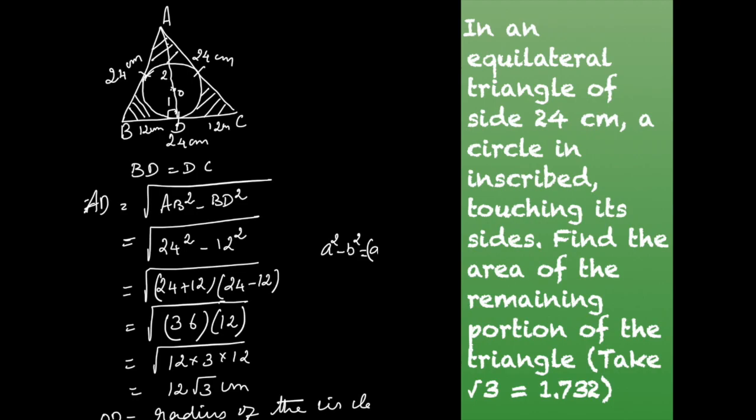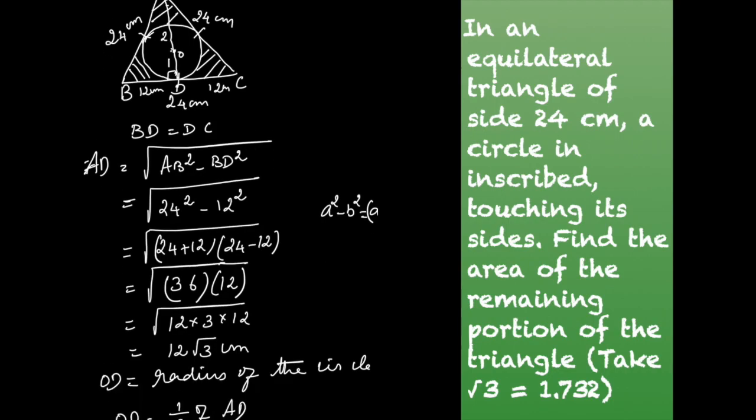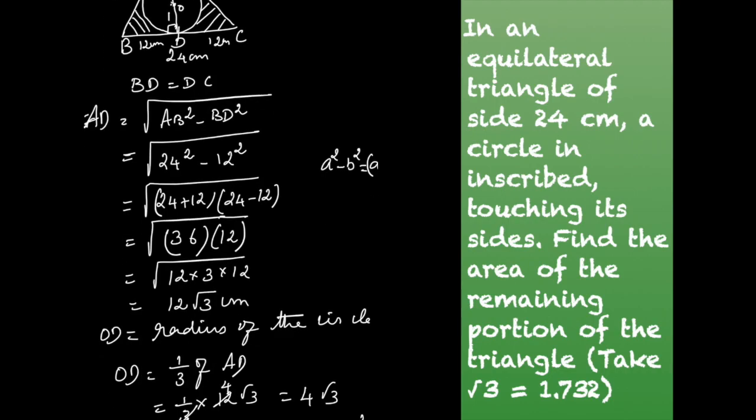And O is the centroid of the equilateral triangle, because in an equilateral triangle, the centroid and the center of the circle coincide. So the centroid divides the median in the ratio 2:1. So all these properties we used. So it is not a direct question. Here we have to apply so many concepts. Like that only you will get in the examination. You go through this sum.